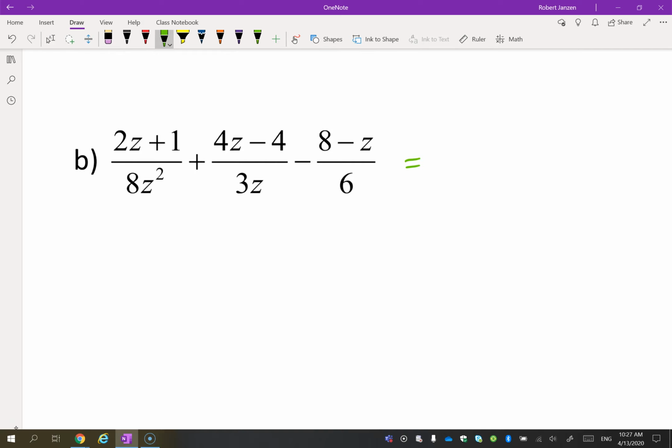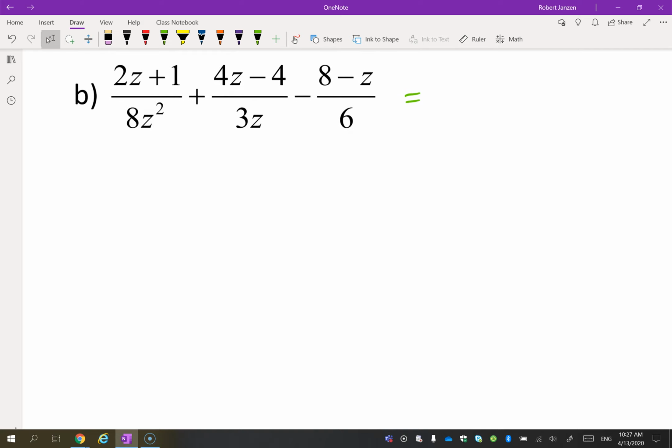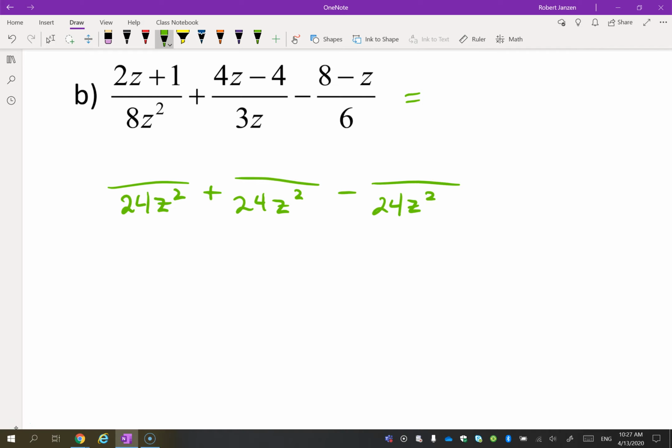Alright, let's be a little more careful this time. Let's find the least common denominator. I think this time it is 24z squared. And what did we multiply the first fraction by? Looks like a 3. Now, if you don't want to write this step, if you want to expand that right away, for sure you can do that.